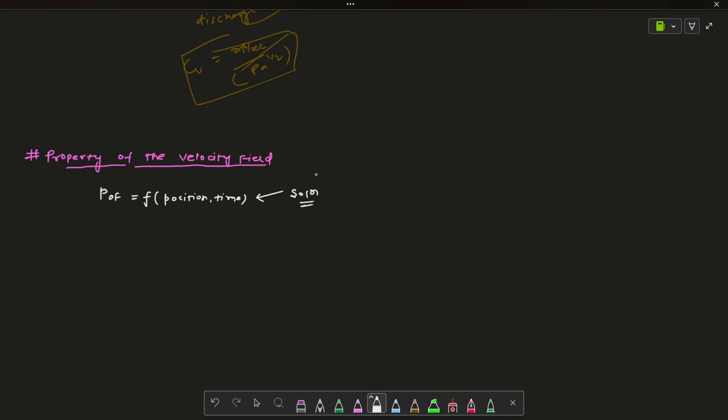We will study this, so don't worry. But we will know the nature and behavior of the fluid, and how we can compare two fluid flows. So the most important things are position and time, which together create a velocity field. That's how we are going to study the properties of the velocity field.